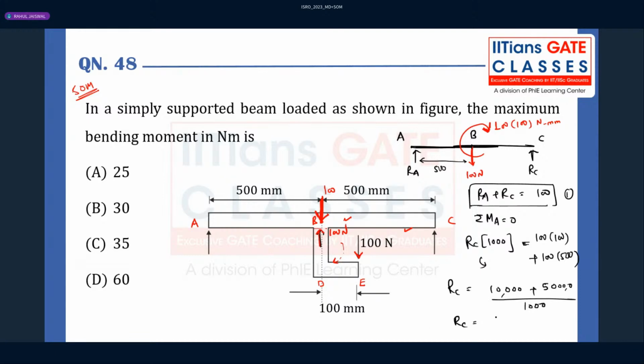So Rc, you are going to get 60 Newton. What about Ra? Ra, you will be getting 40 Newton. Note down.